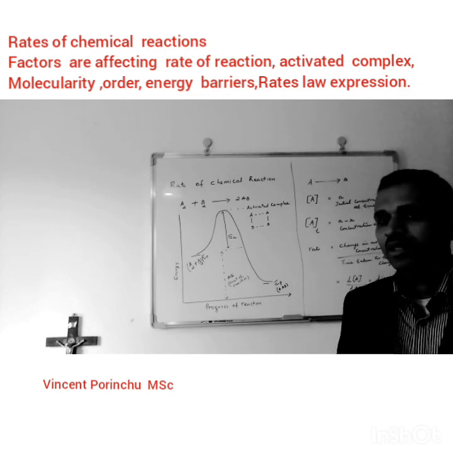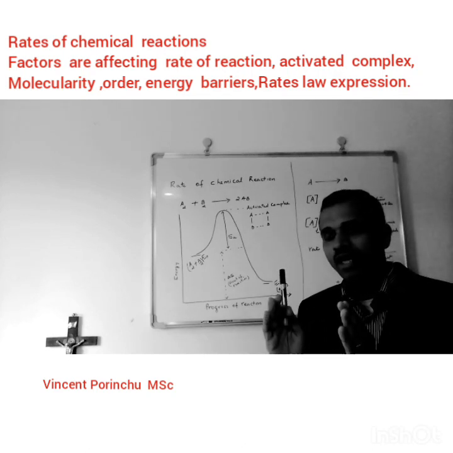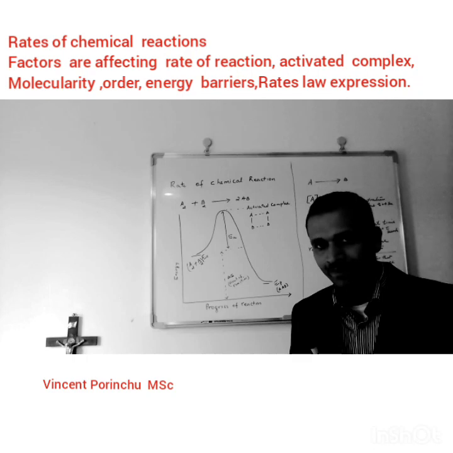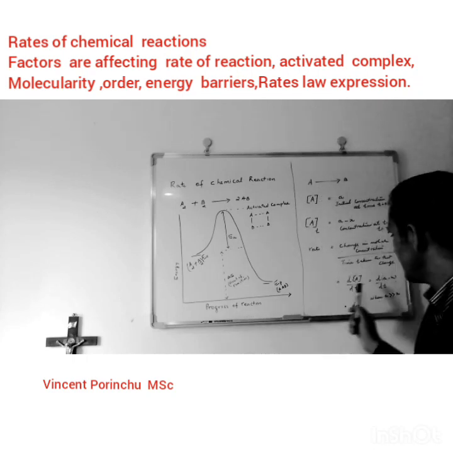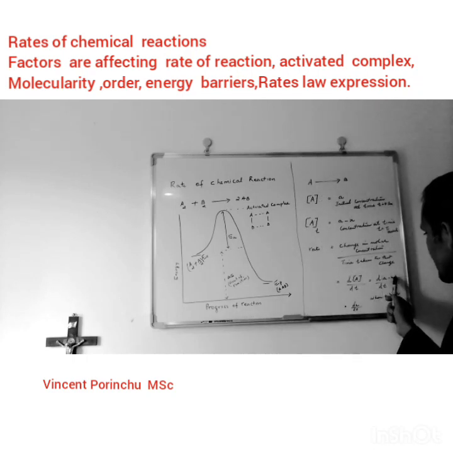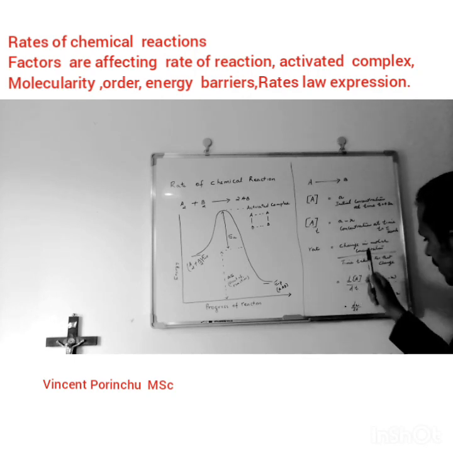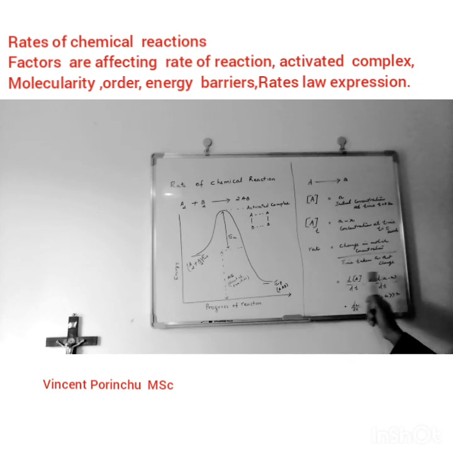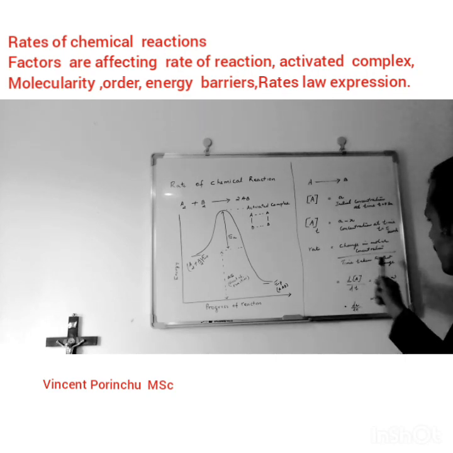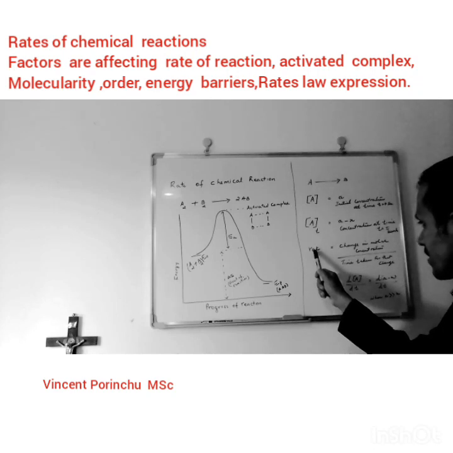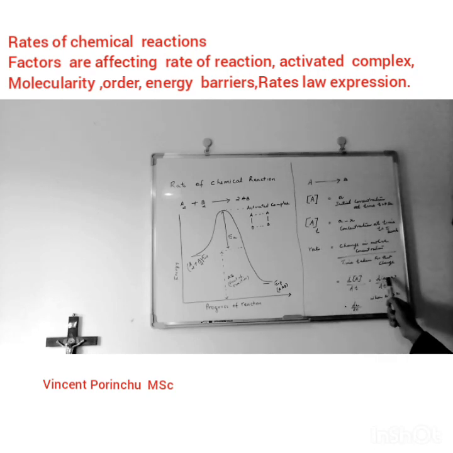So the rate is equal to d[A] divided by dt, which is equal to d(a minus x) divided by dt, because [A] is equal to a minus x. That's the mathematical derivation form of the rate of a chemical reaction: rate is equal to d(a minus x) by dt.